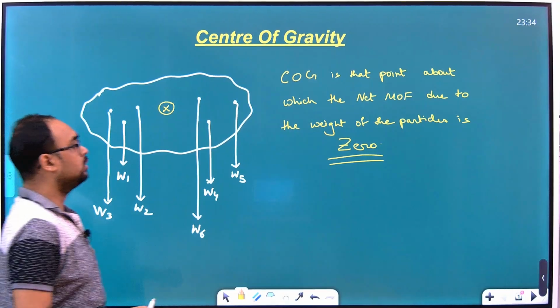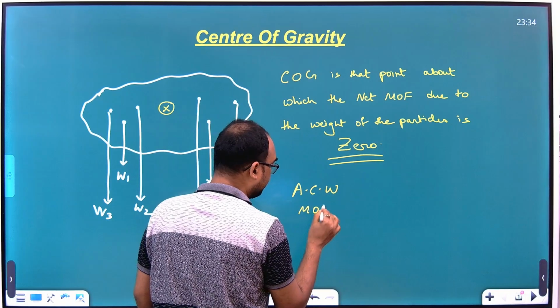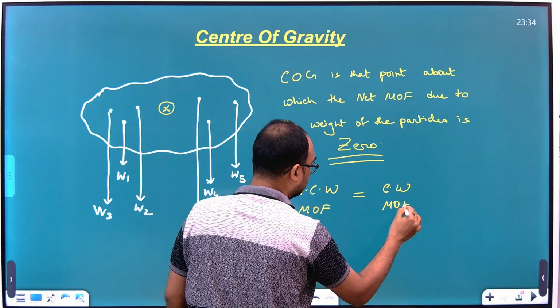If net weight is 0, that means all the anti-clockwise moment of force should be equal to the clockwise moment of force.